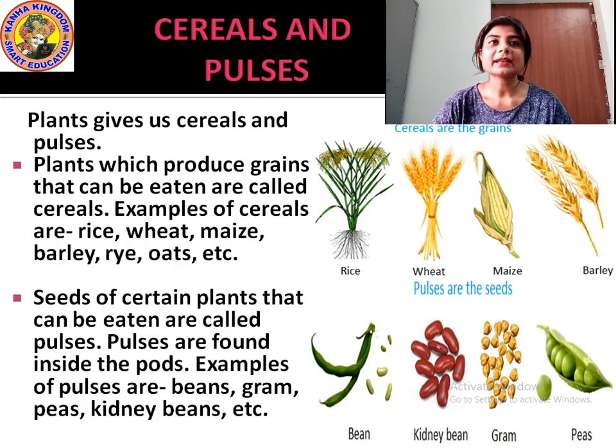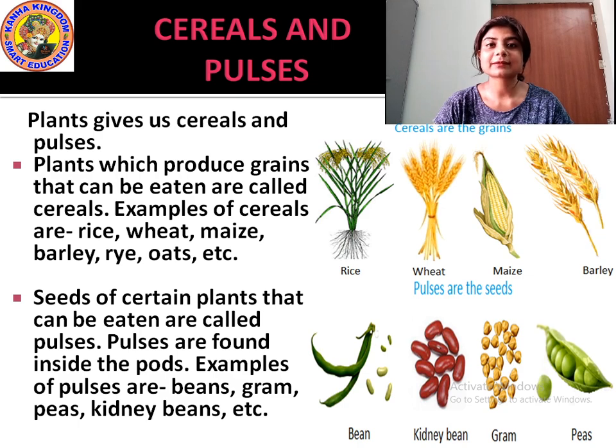Then what are pulses? What do you mean by pulses? Pulses are the seeds of certain plants that can be eaten as food. See, like the beans, the kidney beans, the peas, these are what?